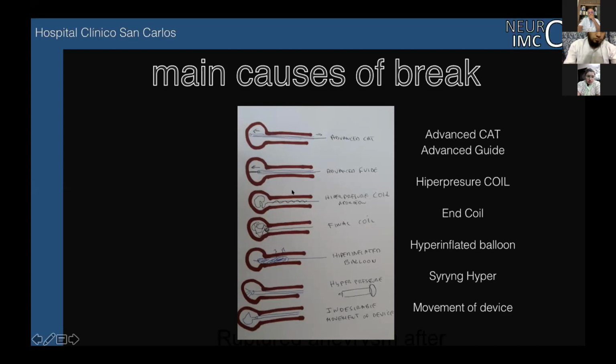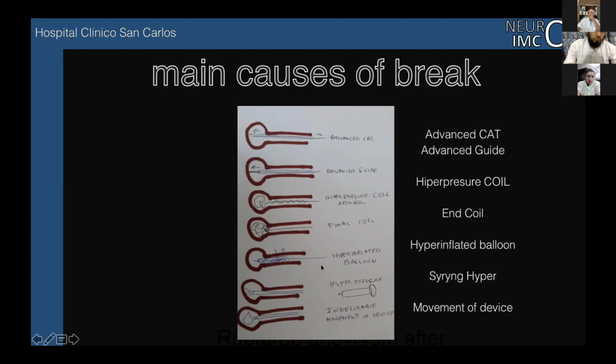When I use the balloon remodeling technique, I use the balloon every time, assisted balloon to embolize the aneurysm. And two different situations that are difficult to discuss is high pressure.